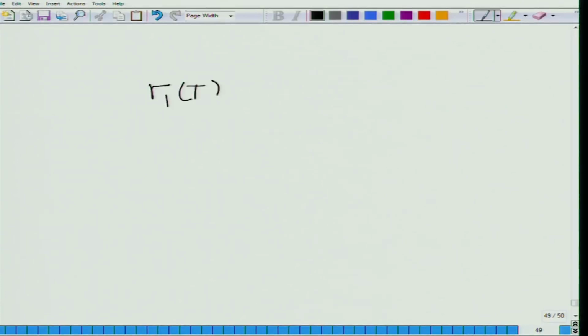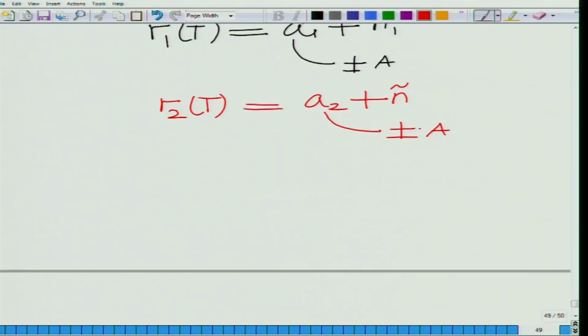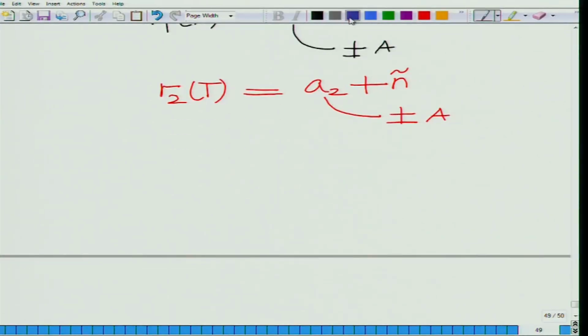And naturally, after match filtering, each channel is similar to BPSK. So this is R1(t) equals A1 plus N tilde, where A1 is plus or minus A, and R2(t) equals A2 plus N tilde, where A2 is plus or minus A, and therefore the bit error rate will also be similar to BPSK.